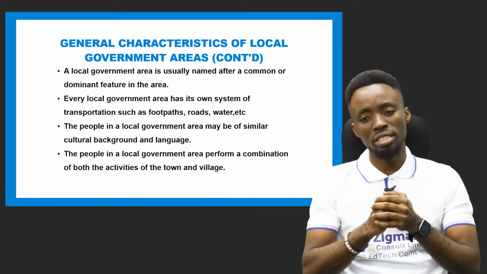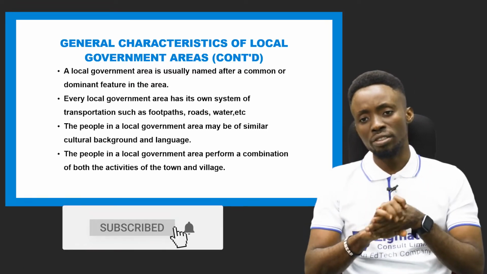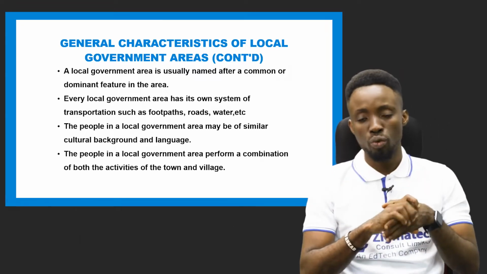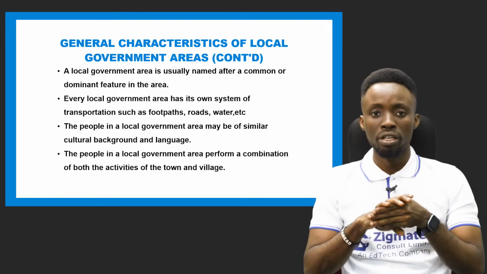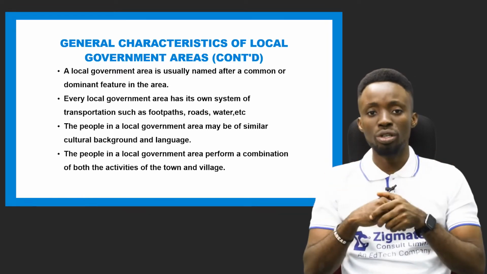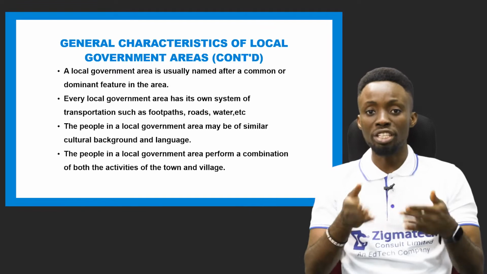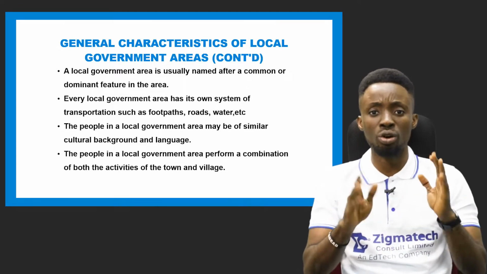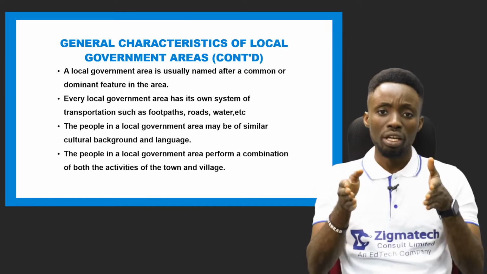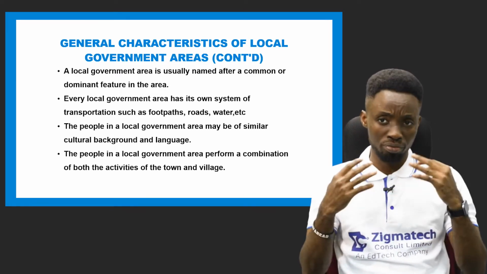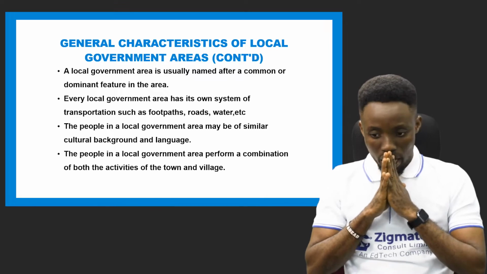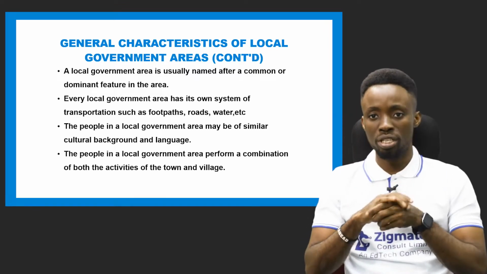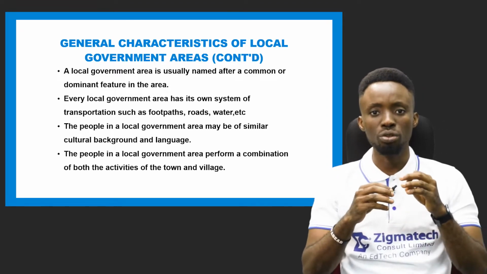Now, the next one is that local government areas are named after a common or dominant feature we have in the area. They are named based on the culture of that place, or based on a dominant figure or feature we have there. Let's look at Akwa Ibom State, for instance.